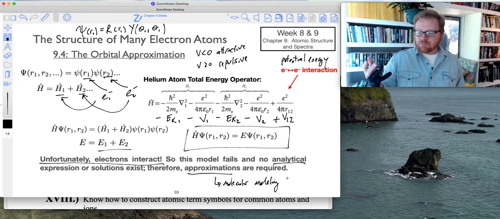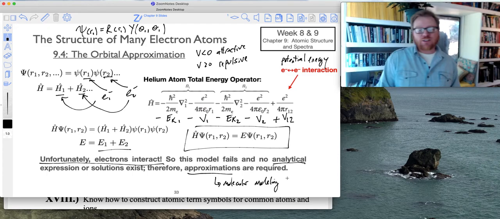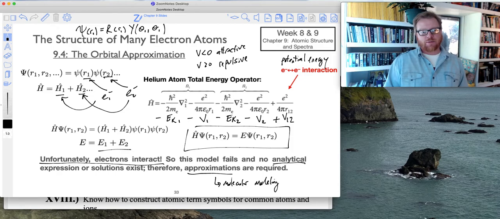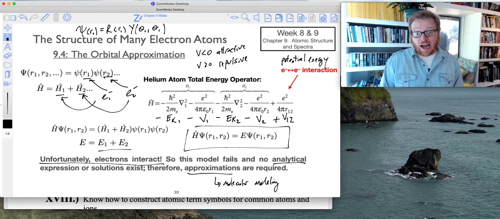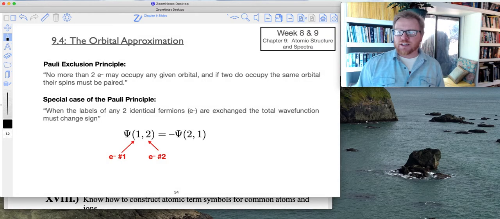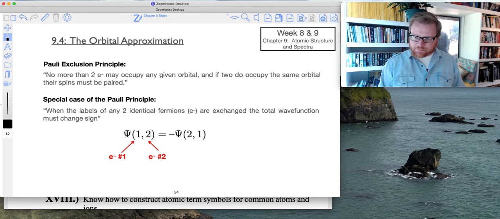That's one way of approximating these multi-electron atoms and molecules. Hartree-Fock is another method. So there's all kinds of named methods that go into making these approximations, and all of them rely on using a computer to solve the problems for us. So I'm just going to talk about those things briefly in chapter 10. For now, I'm just going to move on, and we're not going to worry about solving the helium system.